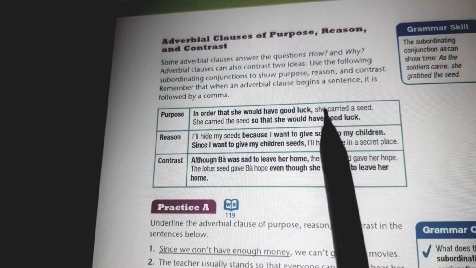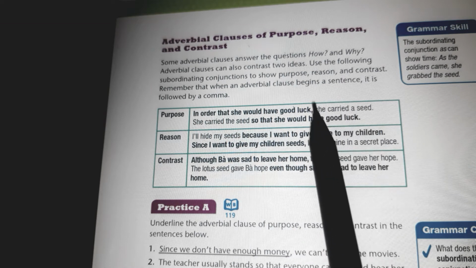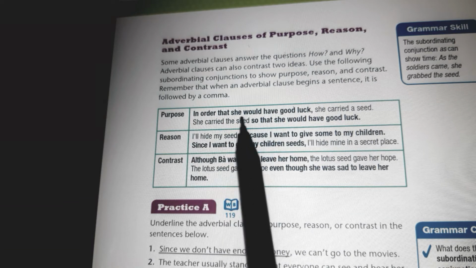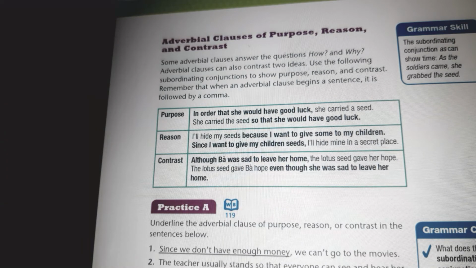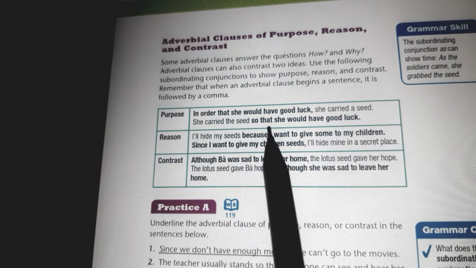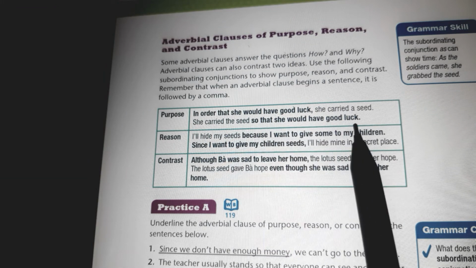Okay, so ask why, put the word why right here, and then you'll find the answer before, which is in order that she would have good luck. She carried the seed. Why did she carry the seed? So the purpose of her goal was so that she would have good luck.